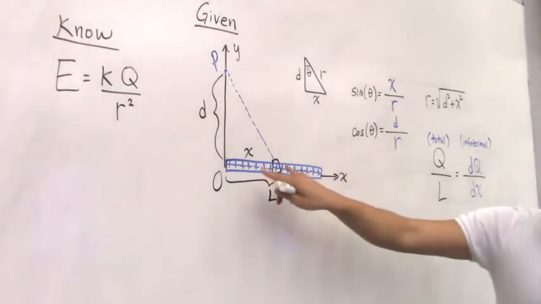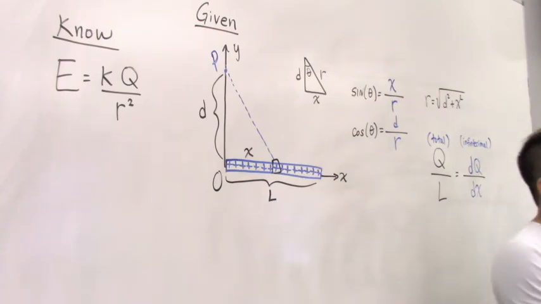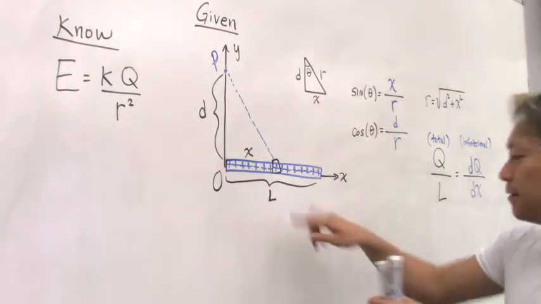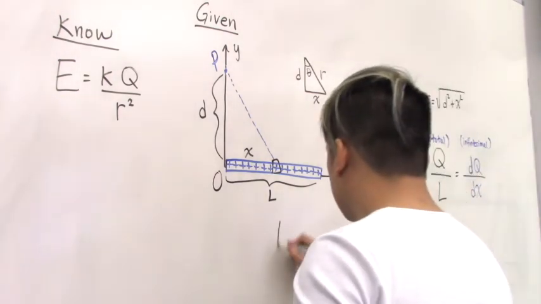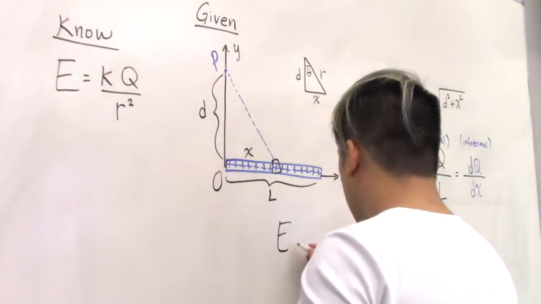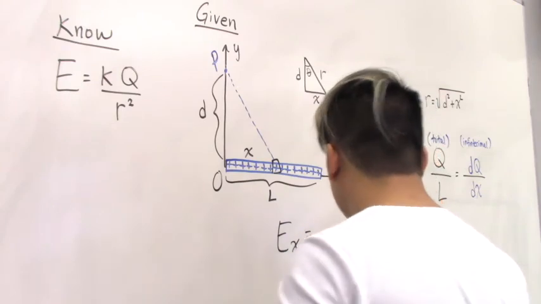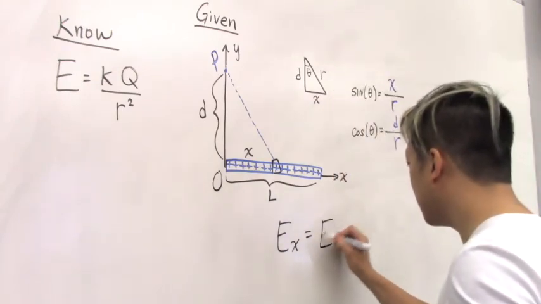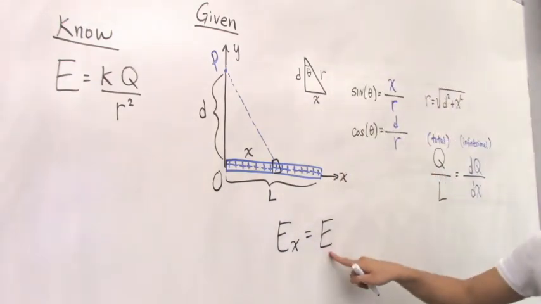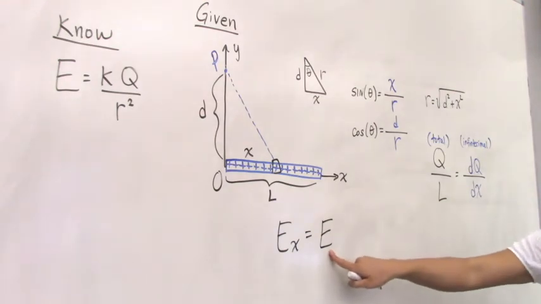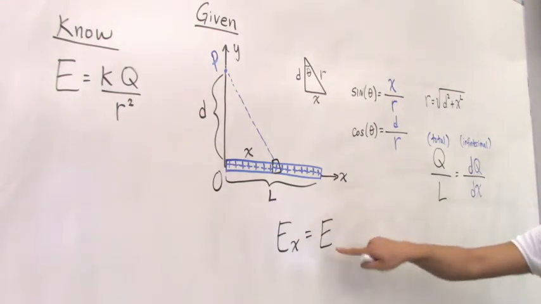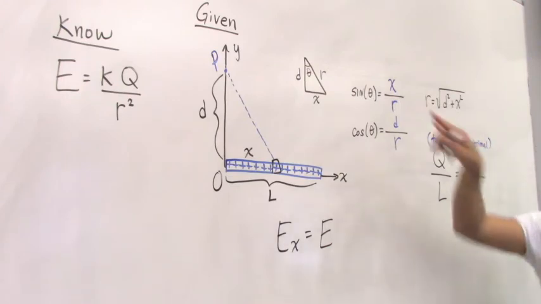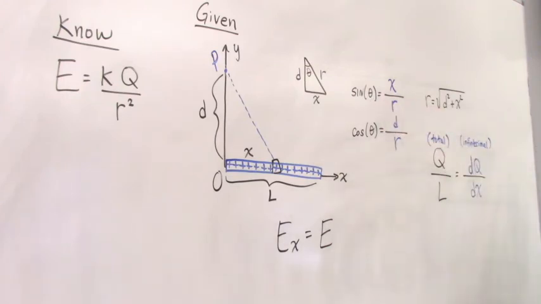Let's look at this. Let's do it in components again. Let's look at the x component. Ex is going to equal the electric field at point P, whatever that is, times the sine of theta. See that?